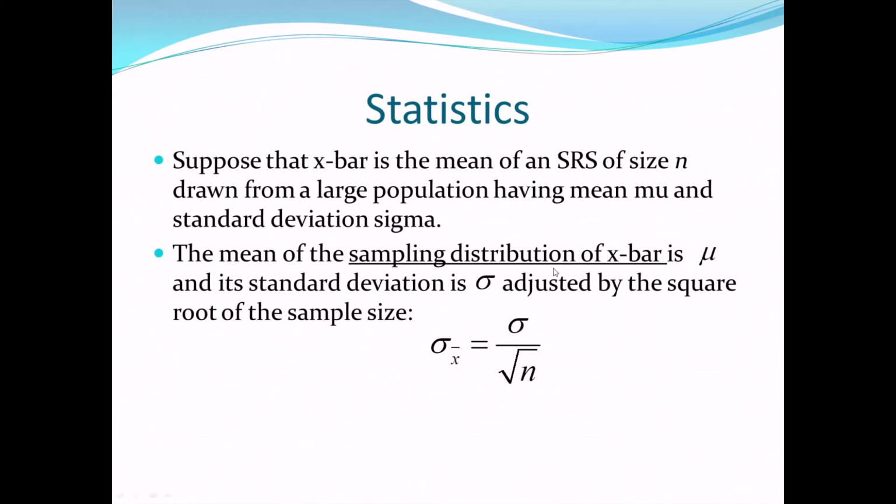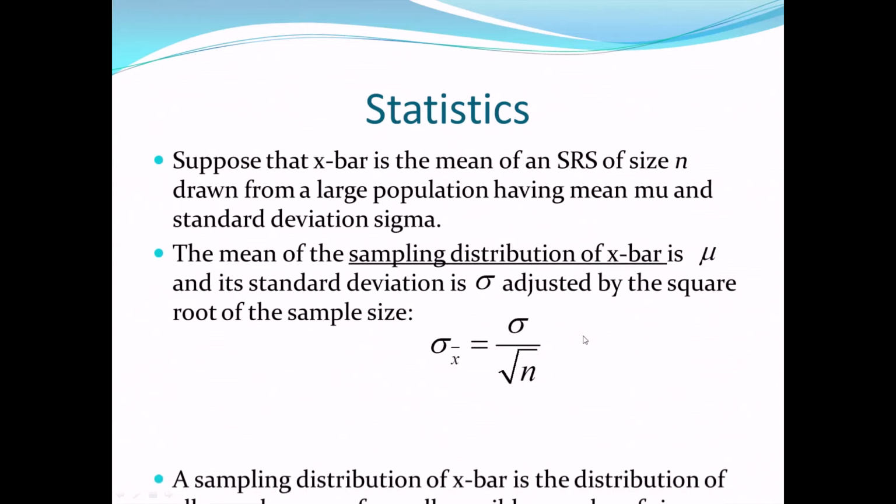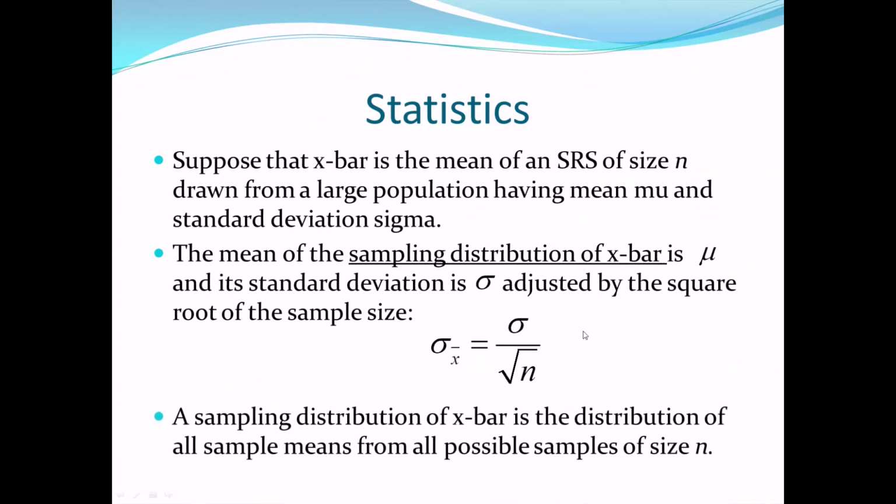It turns out your standard deviation for your sampling distribution of x bar will be the population standard deviation divided by the square root of n. That'll be your sigma sub x bar. You need to know that. We're going to use it. Remember, the sampling distribution of x bar is the distribution of all sample means from all possible samples of size n.